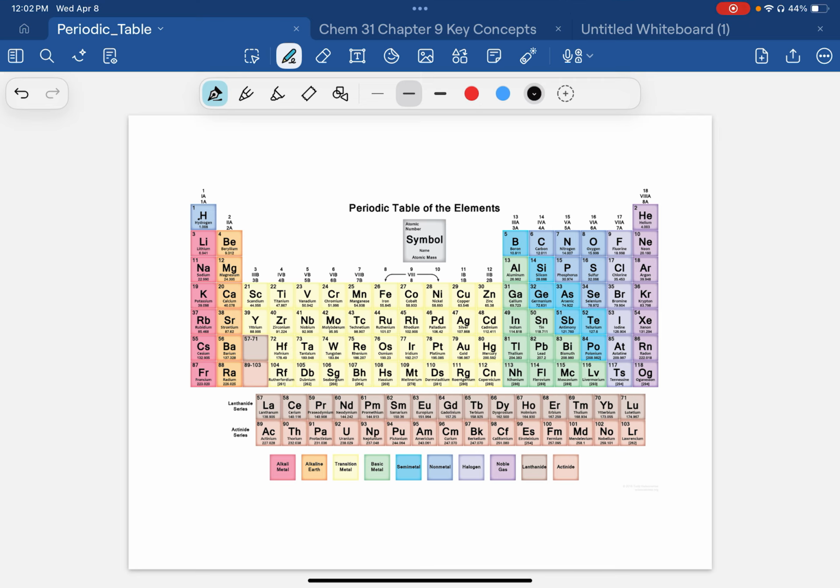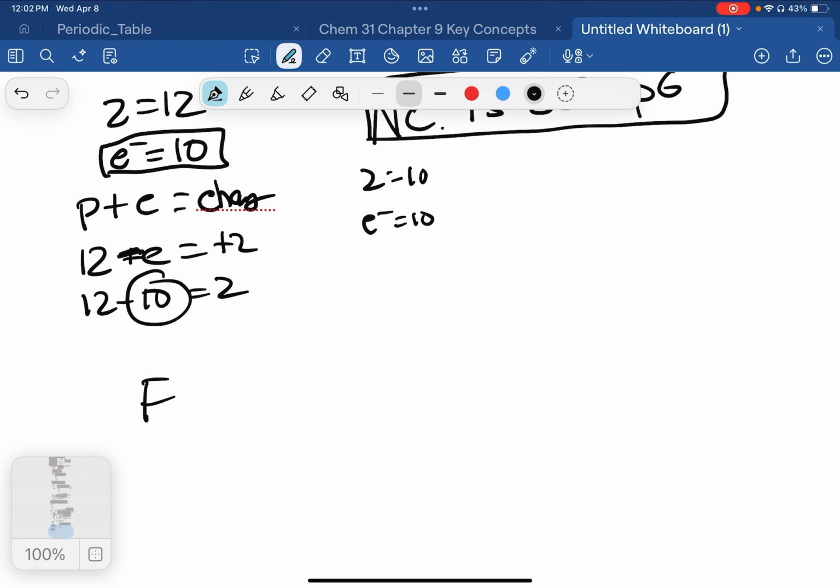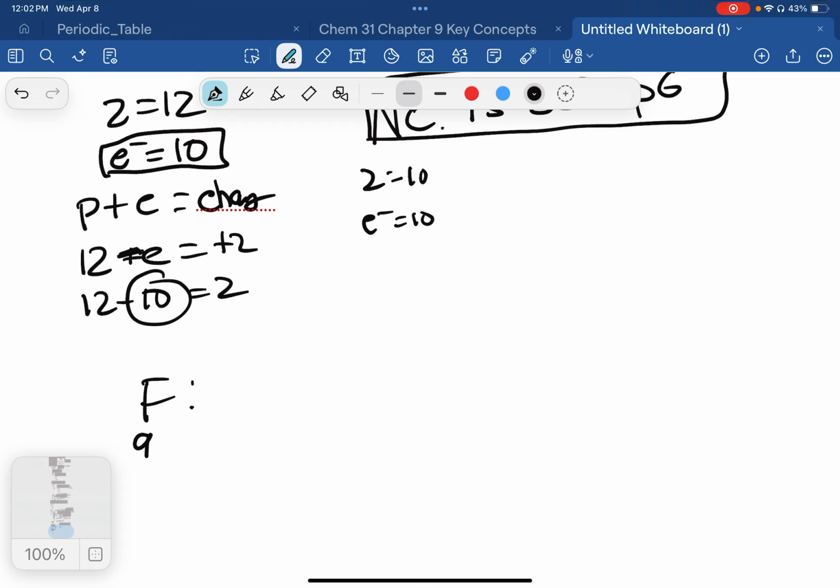If you'll notice that the fluorine ion always becomes -1, it gets an extra electron to become like this. And if we looked at the fluorine electron configuration, fluorine individually has 9 electrons. Its neutral would be Z equals 9 or 9 electrons, 1s2, 2s2, 2p, 2, 4, 5. You have 2p5, right?